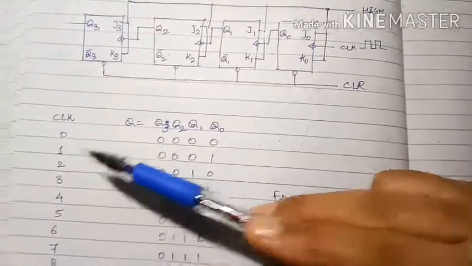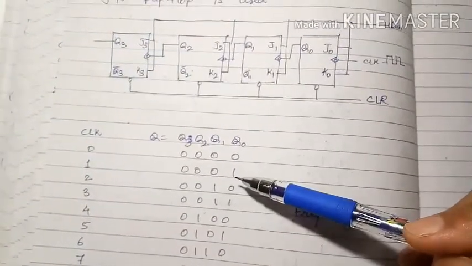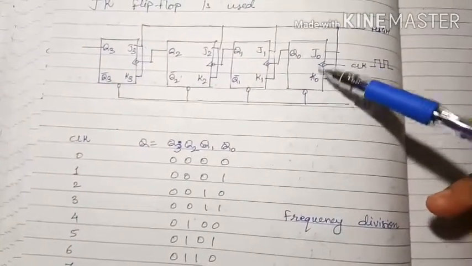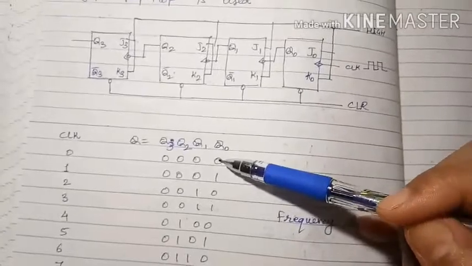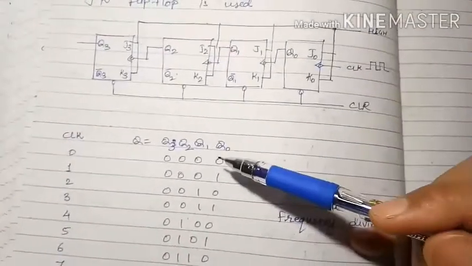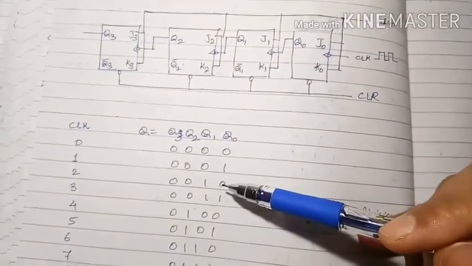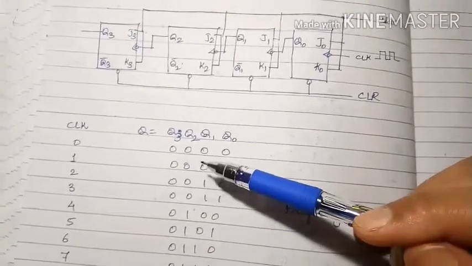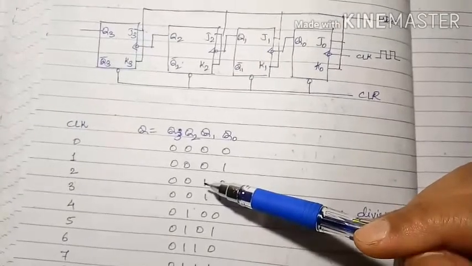Now, when one clock pulse is received, J and K are high, so it toggles from 0 to 1. So Q0 toggles from 0 to 1. When the second clock is high, Q0 toggles from 1 to 0 and Q1 toggles from 0 to 1.